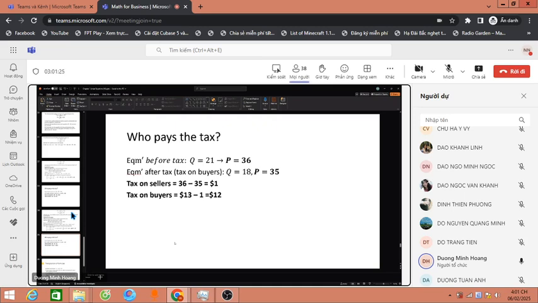For example, we have a VAT tax, or the tax on goods sold. In that case, there are a lot of buyers coming to the stores and buying goods. The government cannot keep track of how much each person buys of this stuff, that stuff, other stuff. So what do they do?